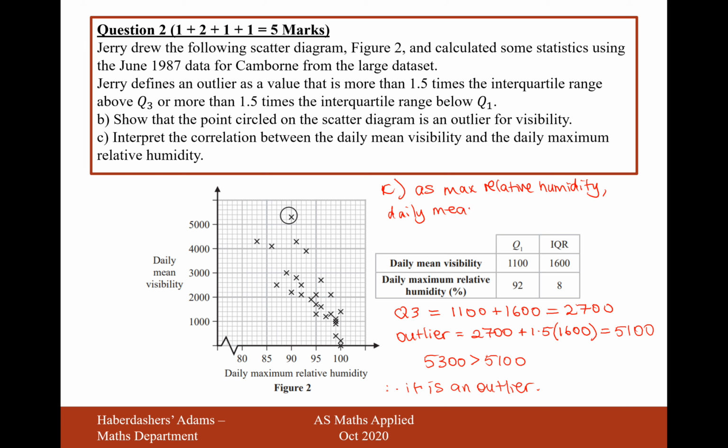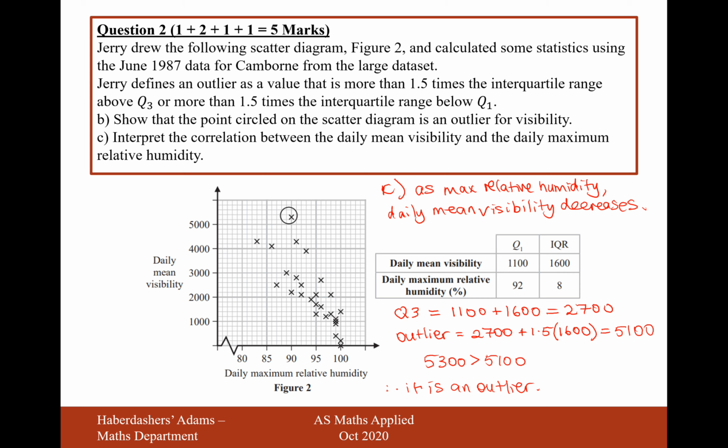Don't just write negative correlation, you have to describe it in terms of the context of this question, which is on the axes of each of these. So as maximum relative humidity increases, daily mean visibility decreases. And there we are, that's the answer to part C.